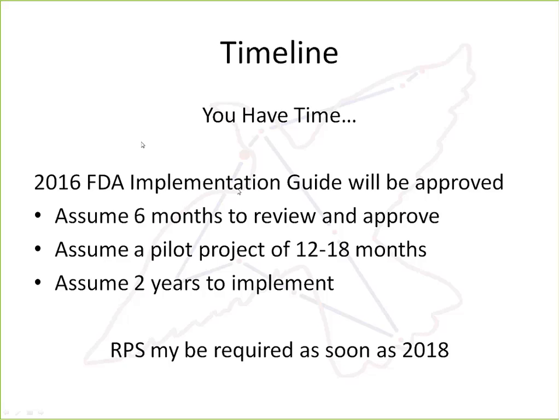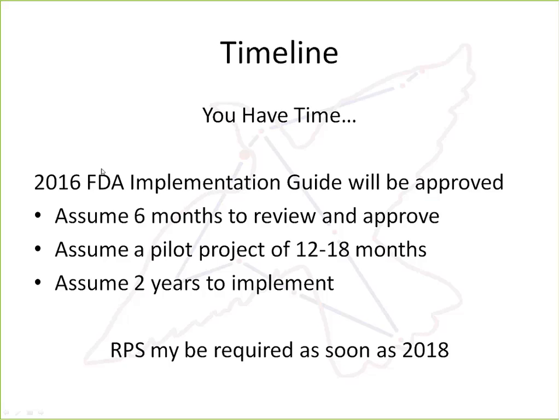So the prediction is in 2016, the FDA implementation guide will be approved. So that means, right now, actually as of last week, the ICH moved on to phase 2B of the finalization of RPS, which is essentially industry comments.